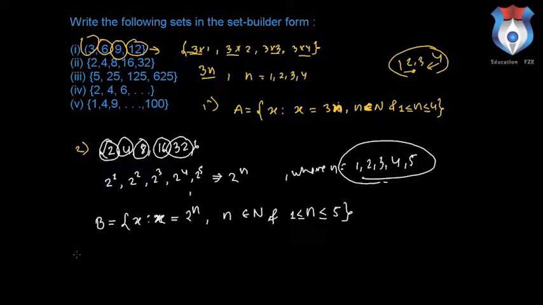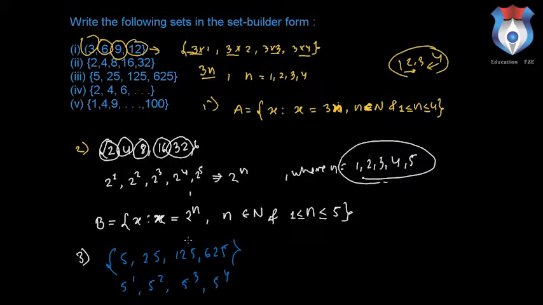That's it. And the third one: here I have 5, 25, 125, 625. It's again quite easy. It's in the base of 5: 5 to the power 1, 5 to the power 2, 5 to the power 3, 5 to the power 4. You can write it in the same way.